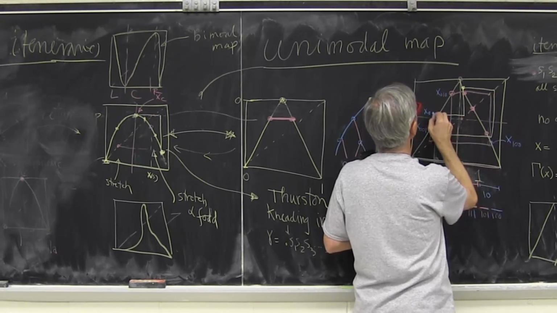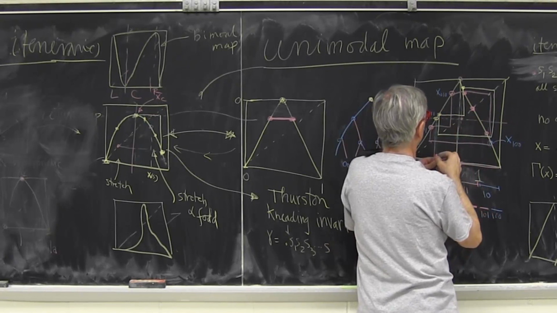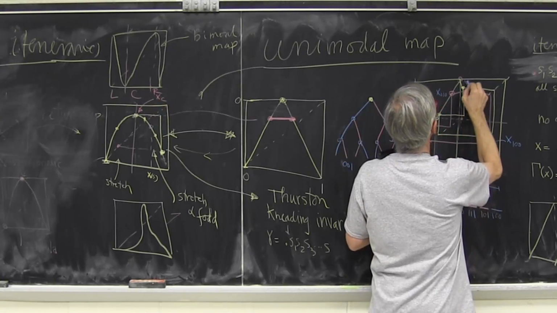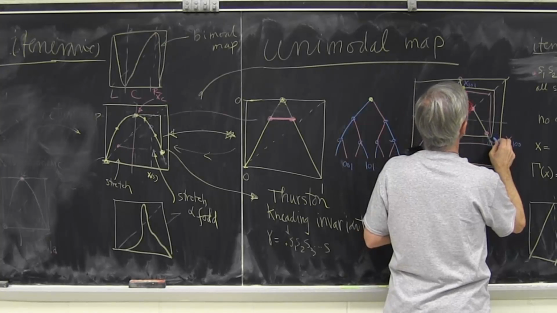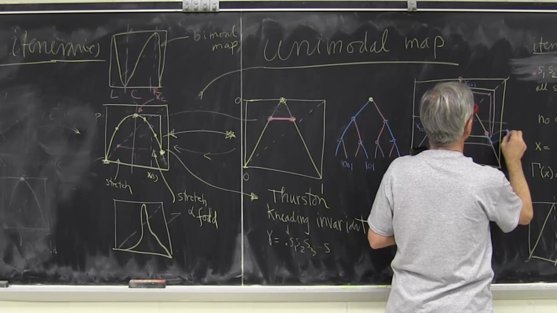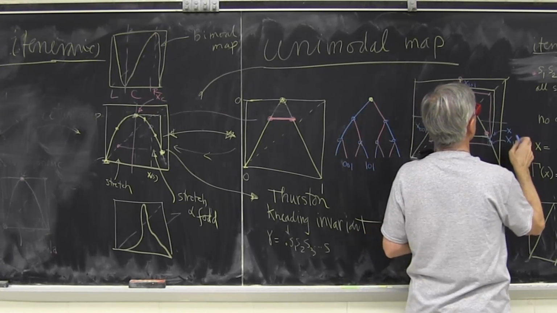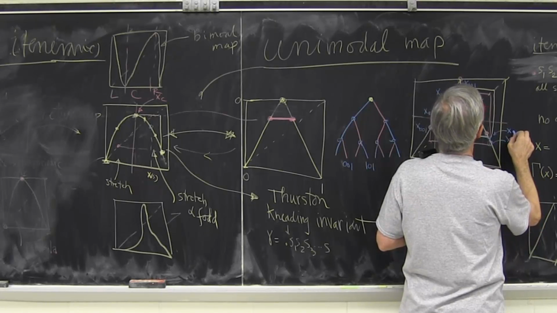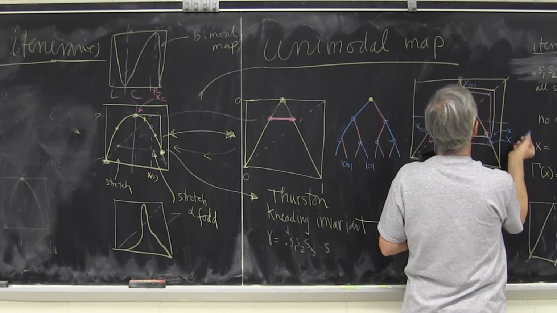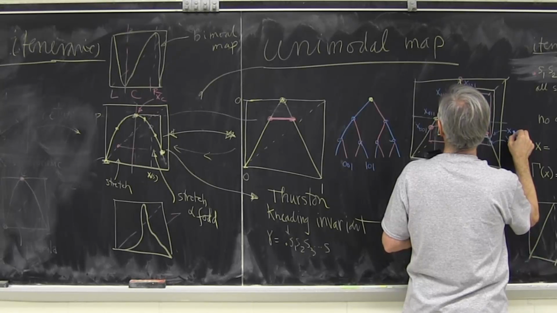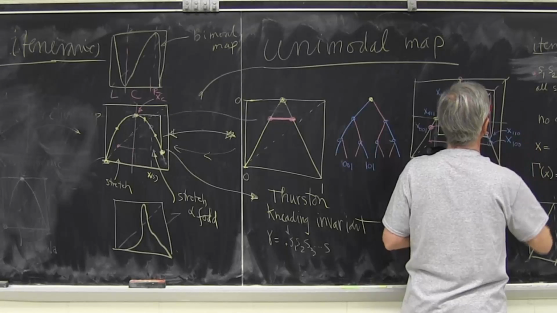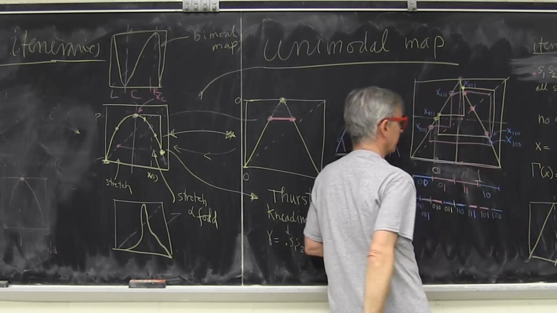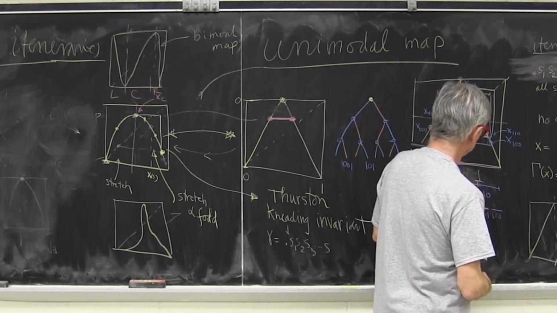But it'll be on the right side twice in the future. So it'll land on x 1, 0, 1. And then it'll land here, and then it will end up going on the left side.